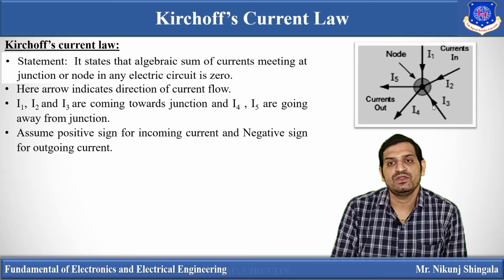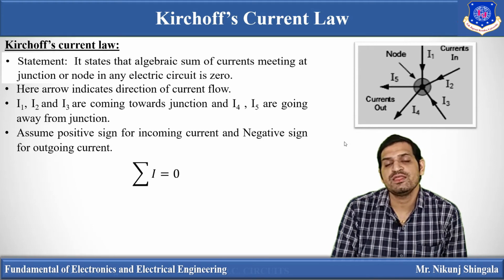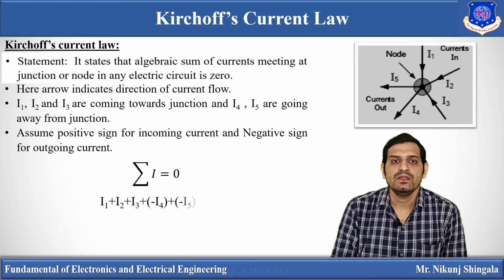So I1, I2 and I3 are assumed to be positive currents, and I4 and I5 negative currents, because one set is coming into the node and the others are going out of the node. According to KCL, we can write summation I equals 0. So I1 plus I2 plus I3 plus, in brackets, minus I4.